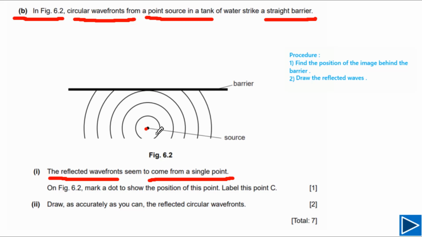If you look at these five wavefronts, first, second, third, fourth and fifth, the fourth and fifth reach the barrier and they are reflected from the barrier. So it simply means that for wavefronts number 4 and 5, we need to draw reflected wavefronts.